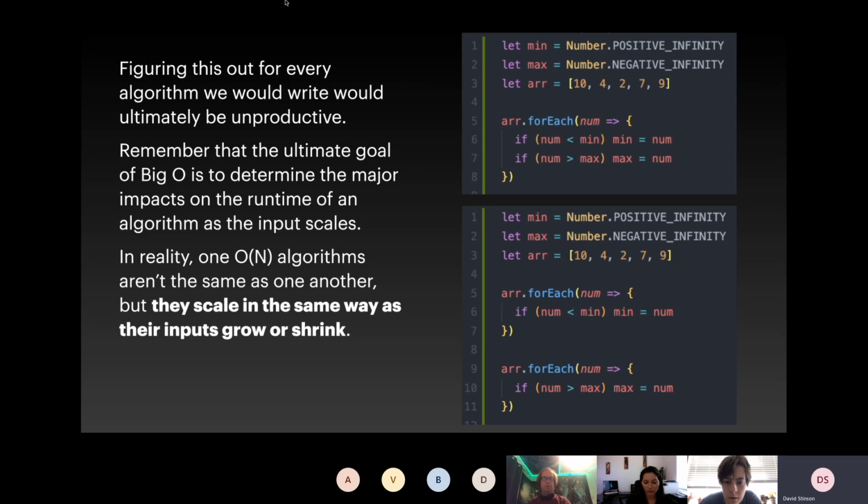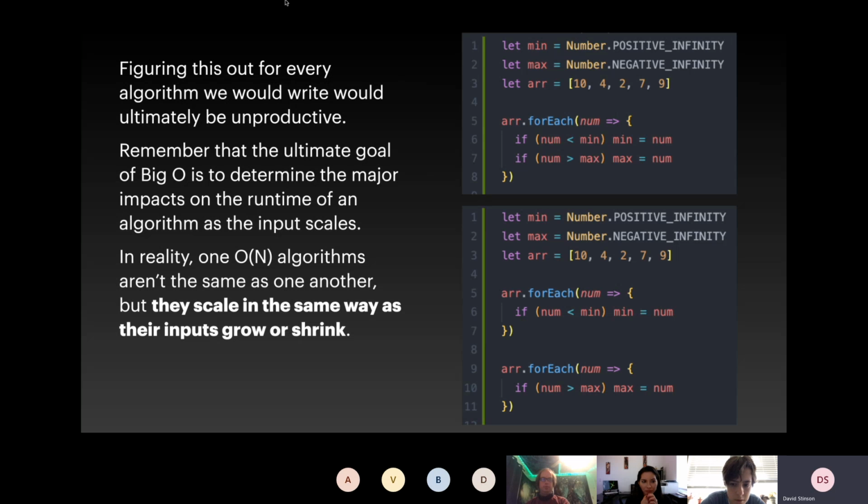We could go and inspect the base code for each one of these, and how it would be executed by the compiler and all that kind of stuff. But that would really kind of defeat the purpose of what Big O does. It just kind of gives us a broad sense of the performance of an algorithm, and basically determine the major impacts.